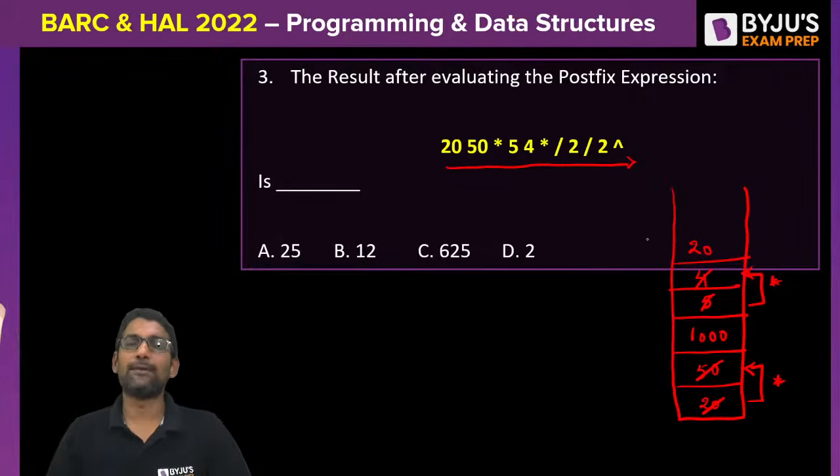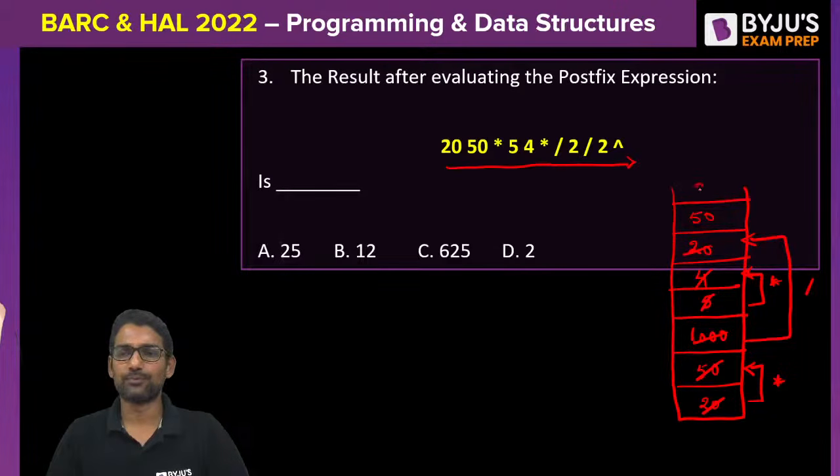Then we have division. So we perform 1000 divided by 20. This is 50. Then we have 2. And again division, we have 50 divided by 2. That is 25.